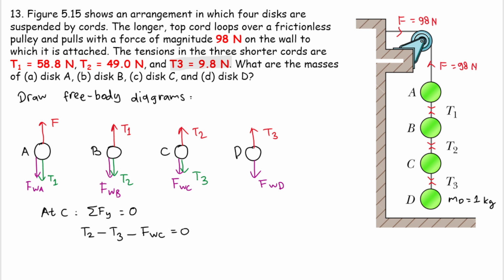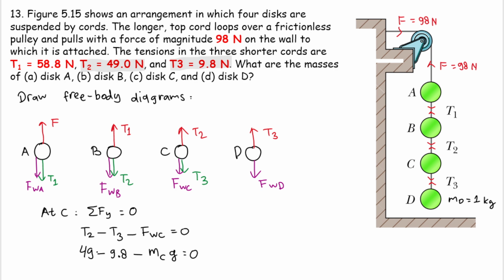And now let's plug that in. T2 here is 49 Newton. And what is T3? T3 is 9.8. And then the force by the weight is the mass of C multiplied by the gravity, so all of that will equal 0.